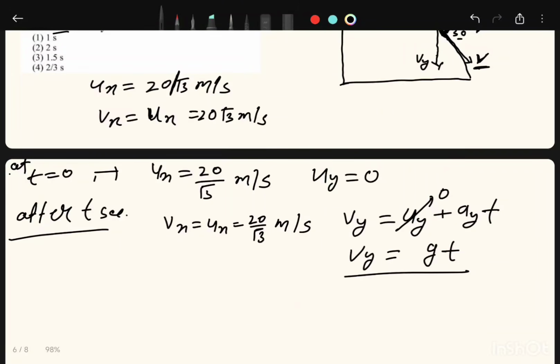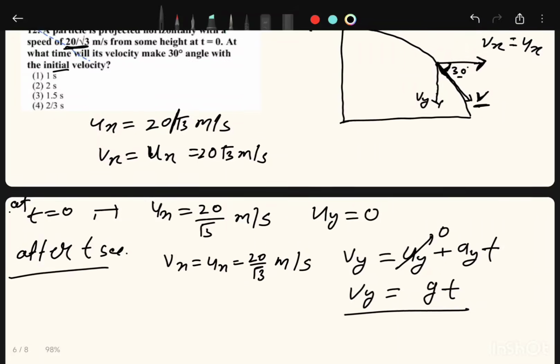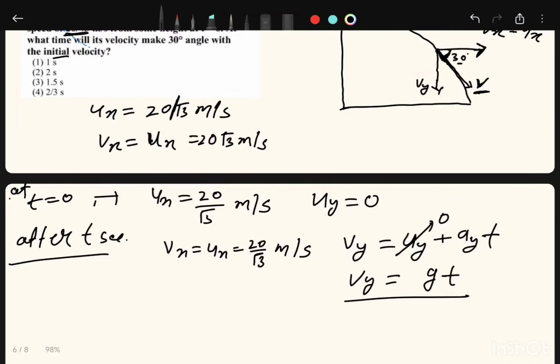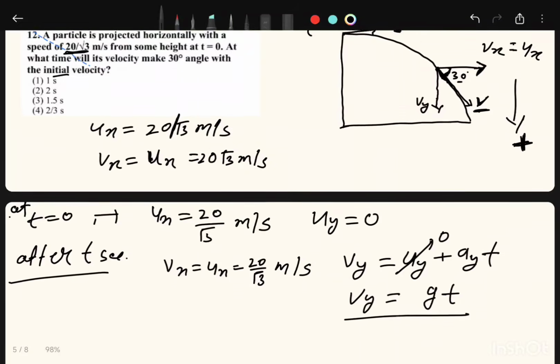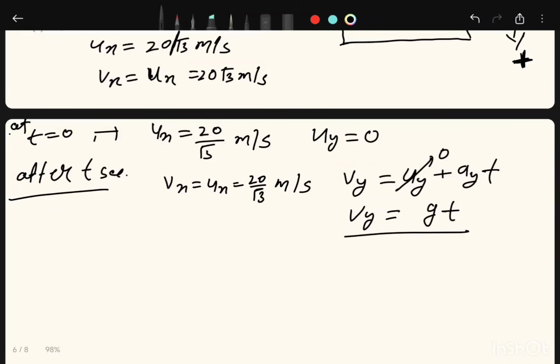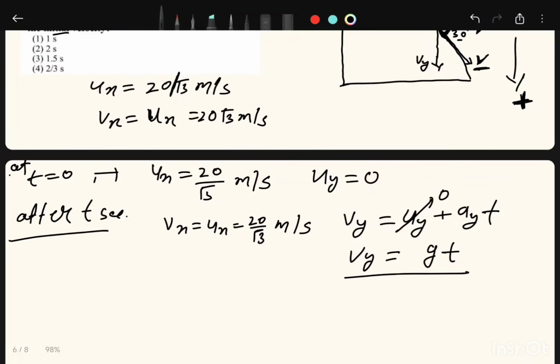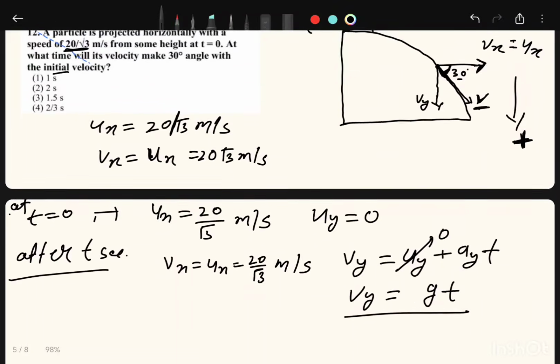So you see, we are asked to find the time, right? What we can do is take this downward direction positive. This will not change anything. So vy equals g t.